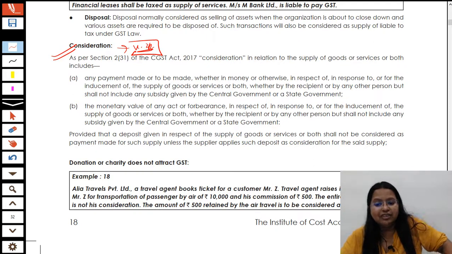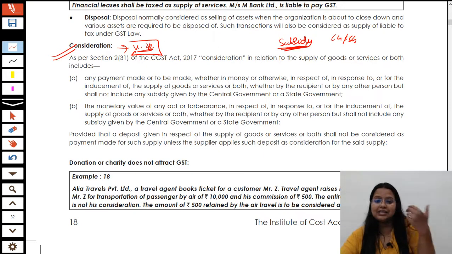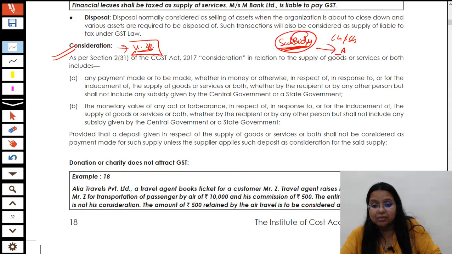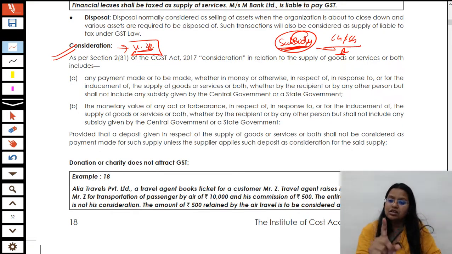But if that third person is the central government or state government, it means if they have provided any kind of subsidy for that activity, it will not be considered as consideration. But yes, if a subsidy is given by any other person, for example by any other corporate house, it will be considered as consideration. But if a subsidy is given by central government or state government, it will not be considered as consideration.